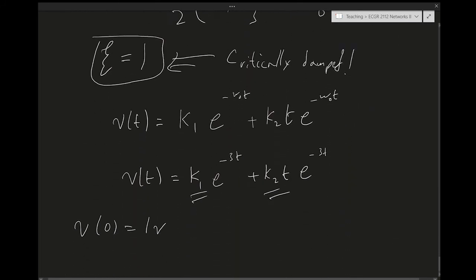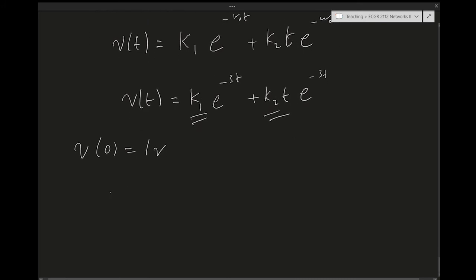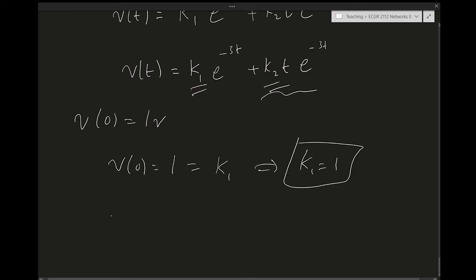Substituting in V0 equals 1 volt, t equals 0, so it becomes K1 e to the power 0, which is 1, plus K2 t e to the power 0. The 0 cancels out this whole term, so we end up with K1 equals 1, and we found the first constant. So V(t) should equal e^(-3t) plus K2 t e^(-3t).